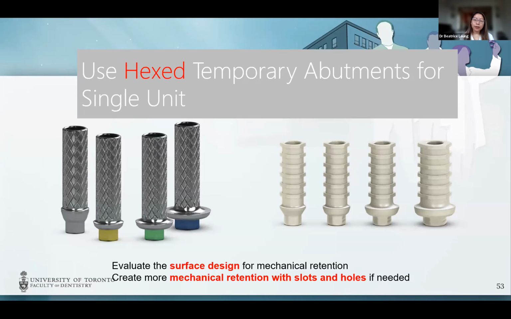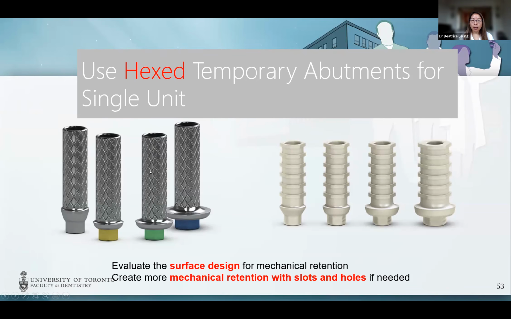They work really well. So what I'm saying is every brand, every implant company will come up with some temporary abutments. Some of them are tooth color. Some of them are titanium based. But I always make an effort sometimes just to look at the surface design, because most of the temporaries are locked in by mechanical retention.